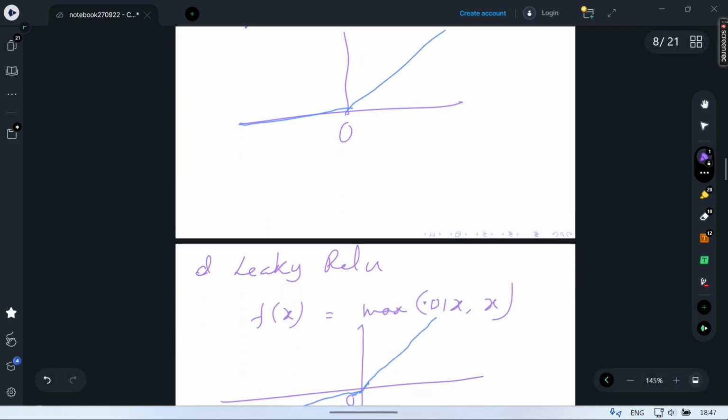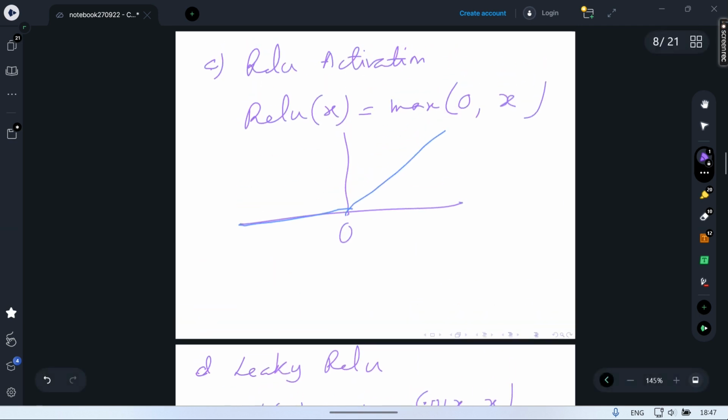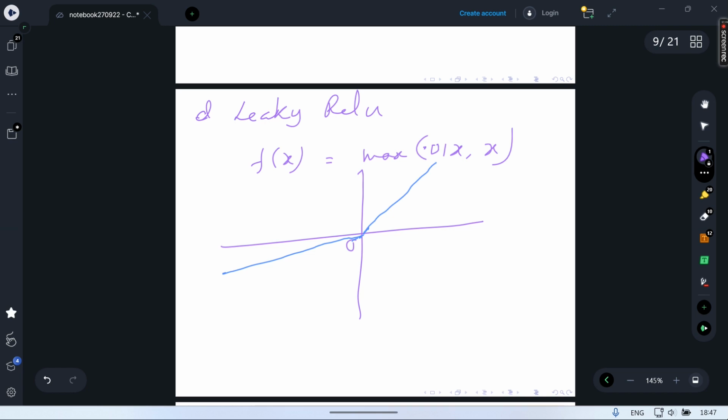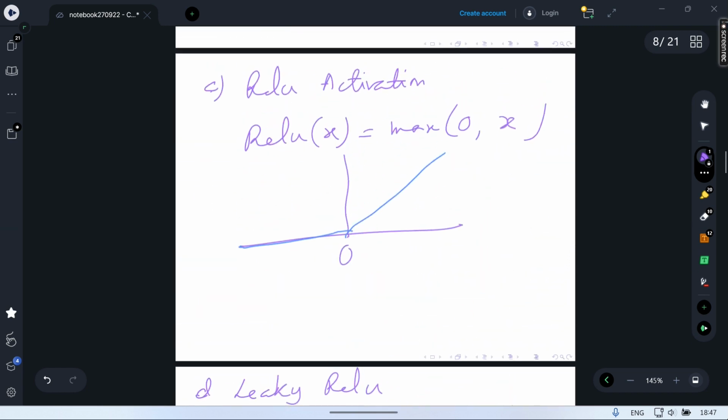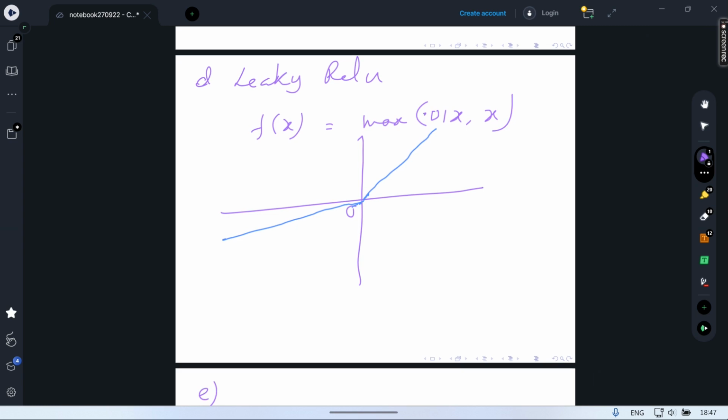So in the case of leaky ReLU, the gradient does not get killed, but in the case of ReLU, the gradient gets killed in the negative region. Also, in the case of ReLU, the output lies between 0 and plus infinity, so it's unbalanced, because it only outputs positive values. But leaky ReLU is much more balanced because the output can be negative and positive.